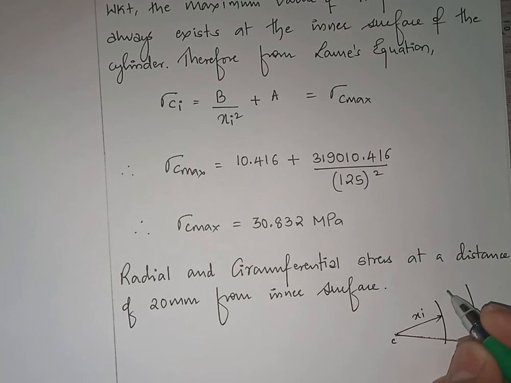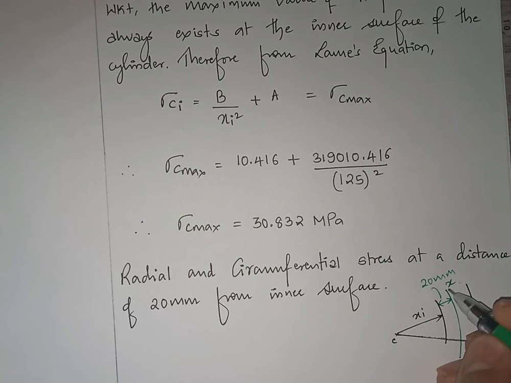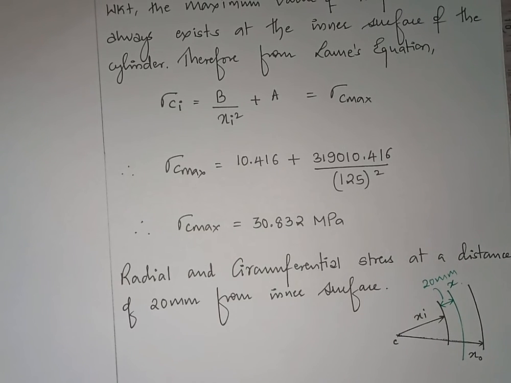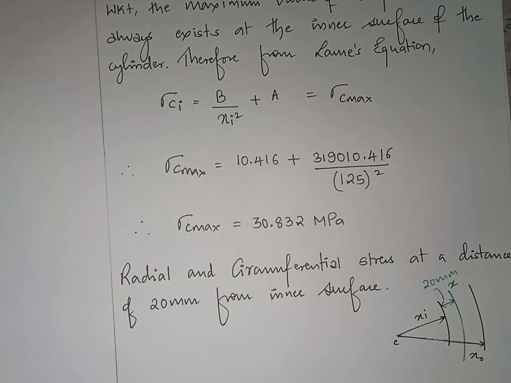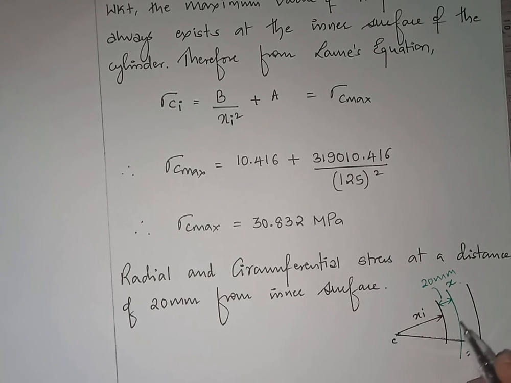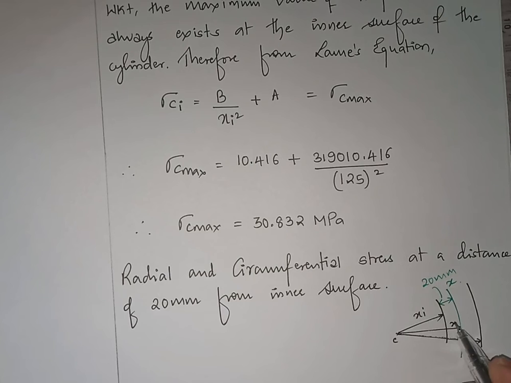Let us say this distance is x, and this distance is 20 mm. So you are asked to calculate the radial stress and the circumferential stress on the green layer. I'll consider this distance as x.